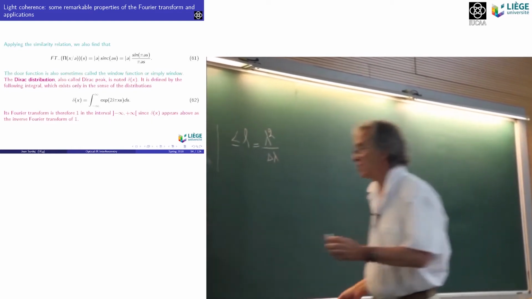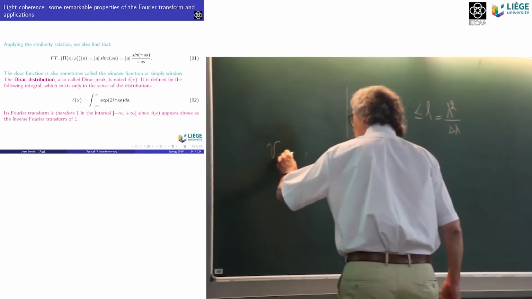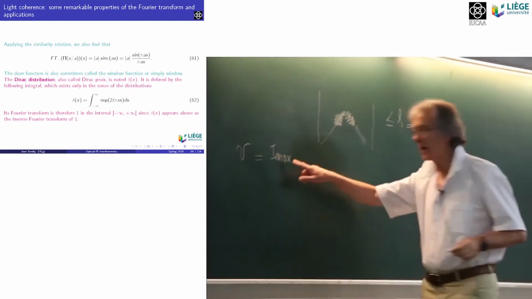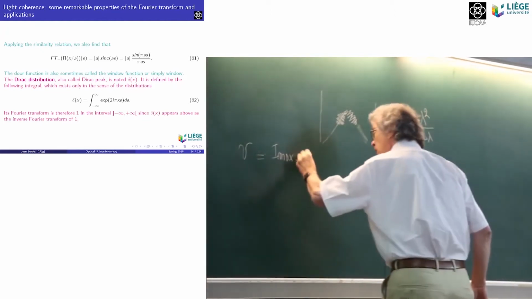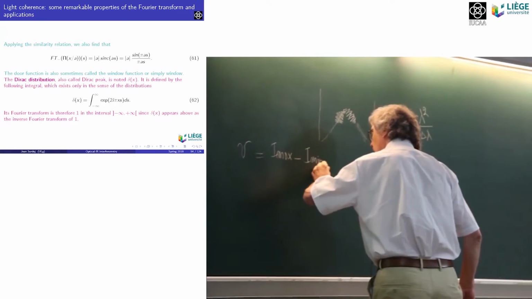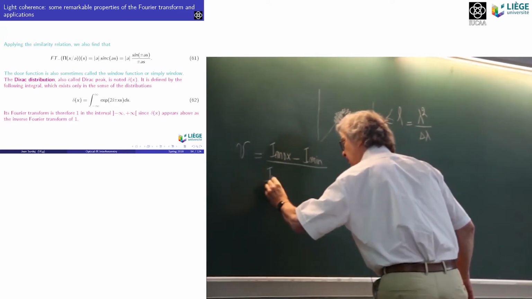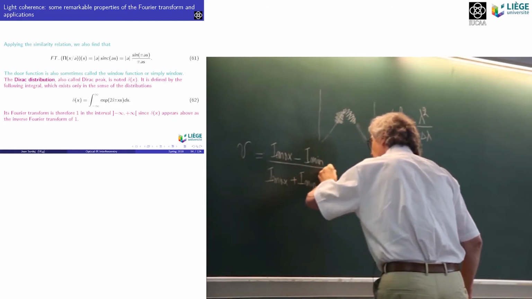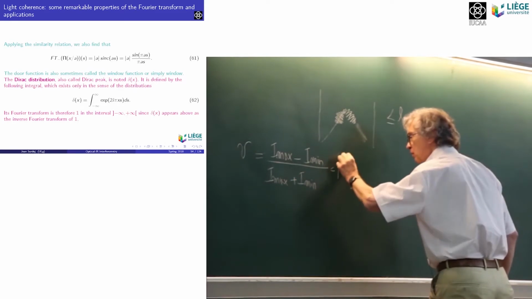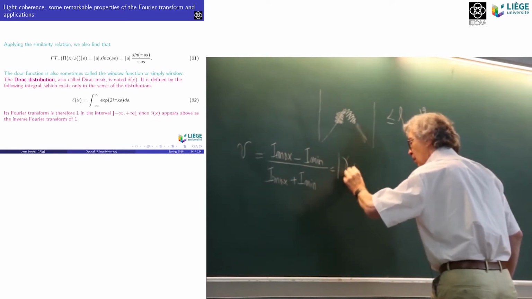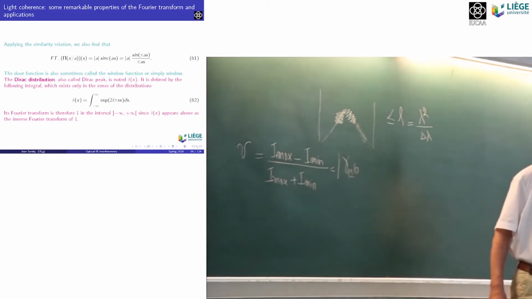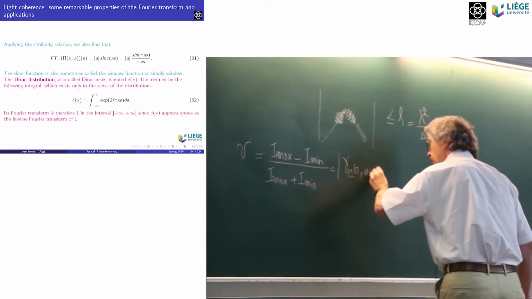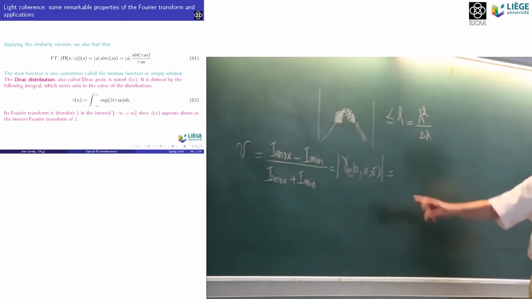We saw that the visibility, which was defined as the difference between the maximum intensity of the fringe minus the minimum one, divided by Imax plus Imin, was in fact equal to the module of the complex degree of mutual coherence, which depends on 2 frequencies u and v.